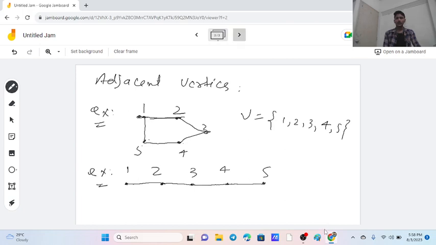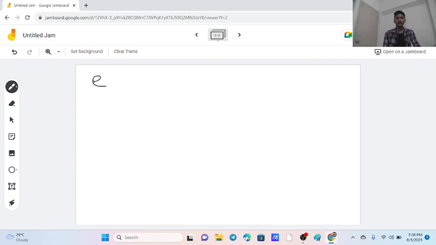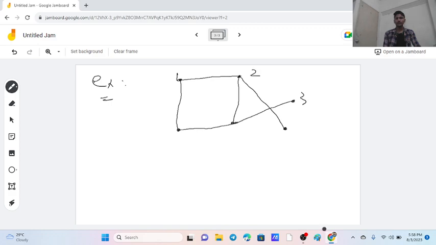Okay, so I will give you another example of a path in a graph. Let's take this to be a graph, and let's name the vertices 1, 2, 3, 4, 5, 6.